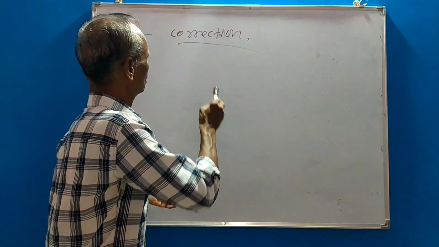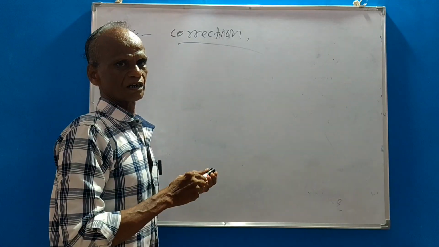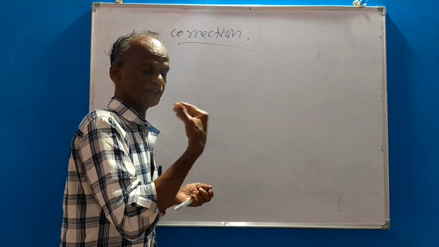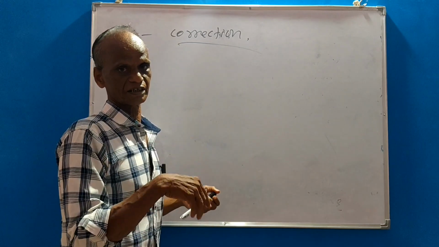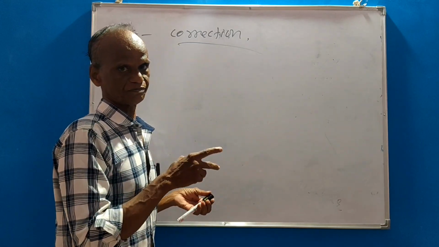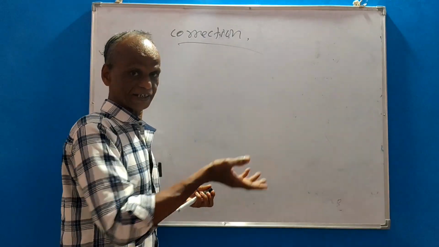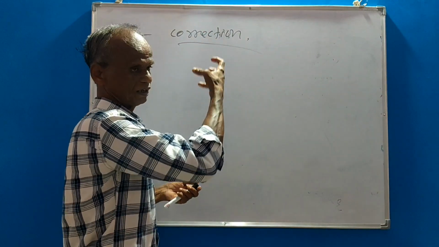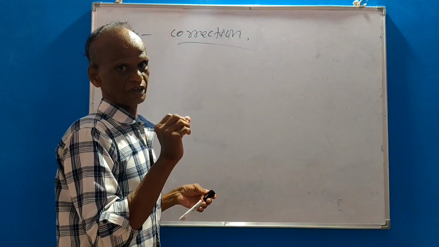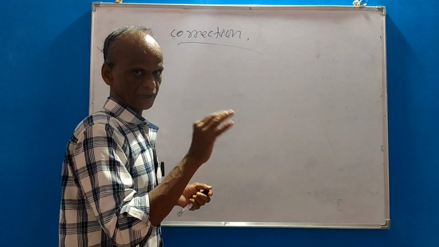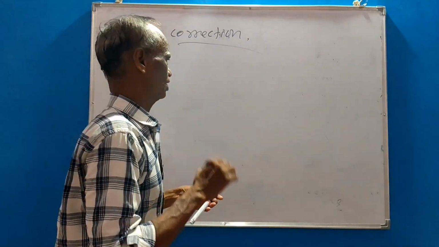So correction refers to many things. You look at whether it requires article correction or pronoun correction. In my second video, I provide you a logical way for each topic: tense, verb, pronoun.